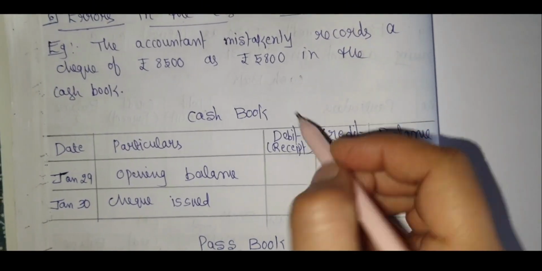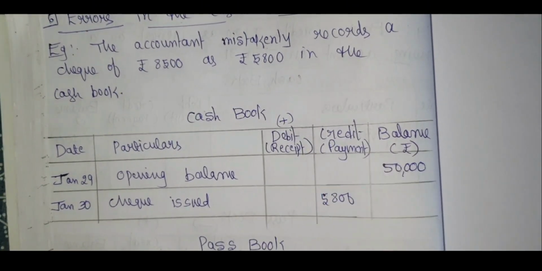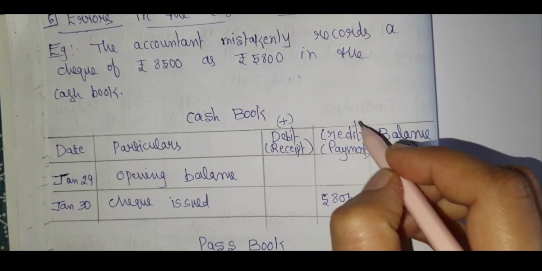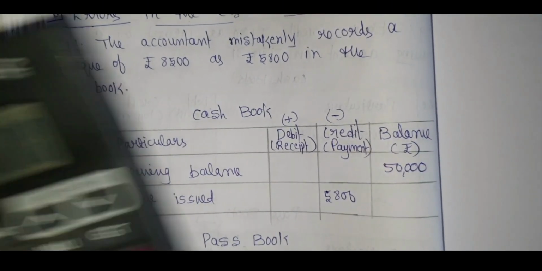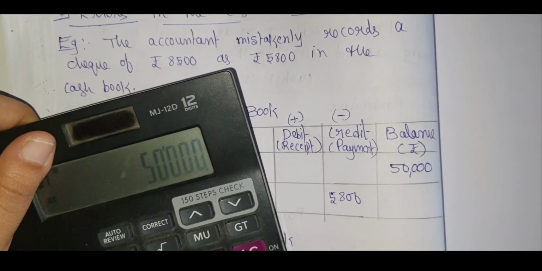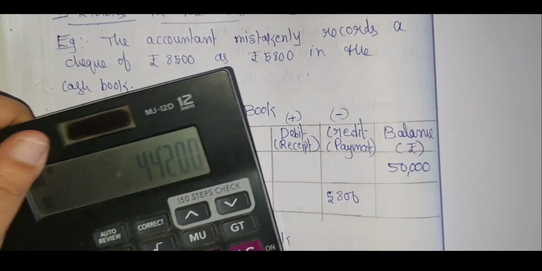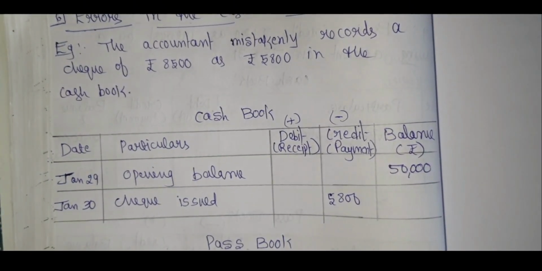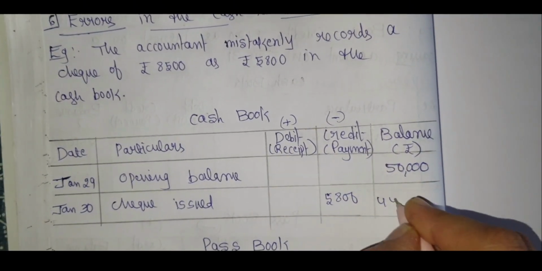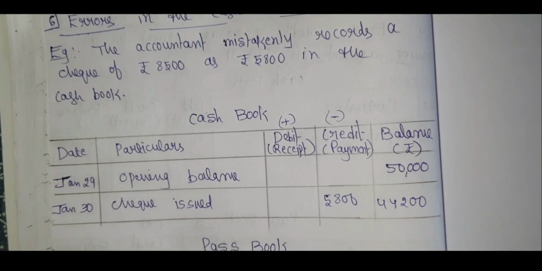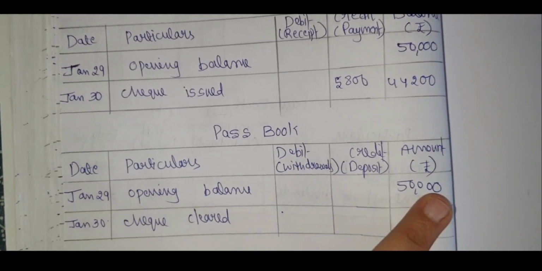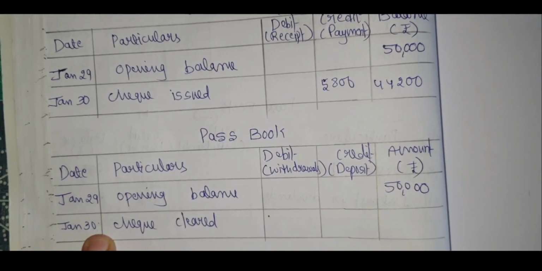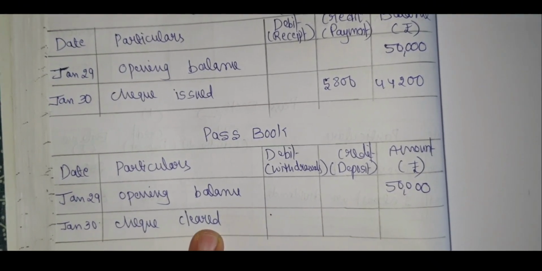All the receipts we add in the cash book, all the payments we deduct. So 50,000 minus 5,800. Why minus? Because check issued means payment. That is rupees 44,200.